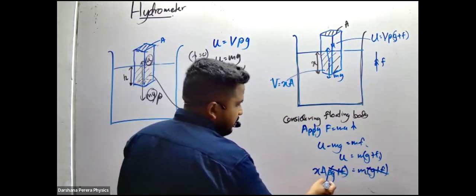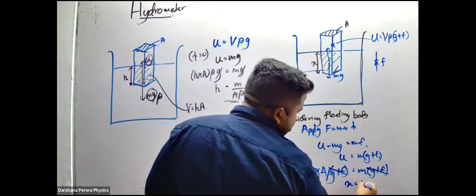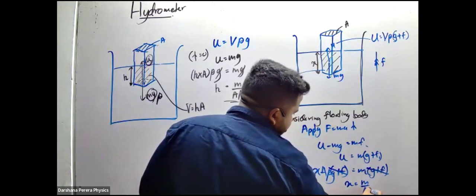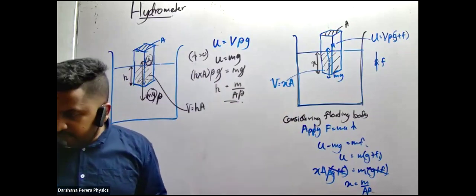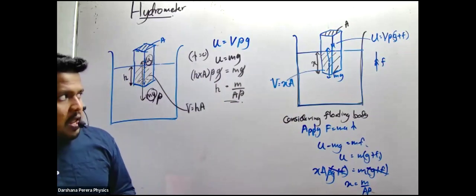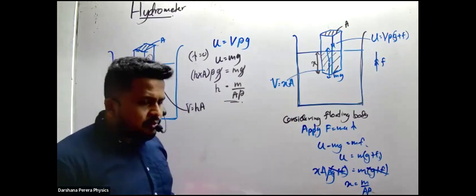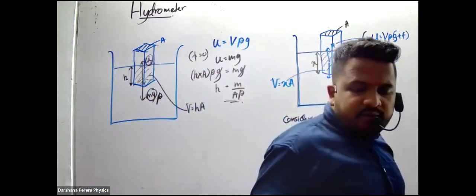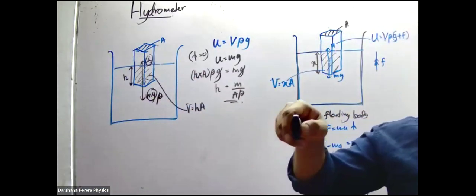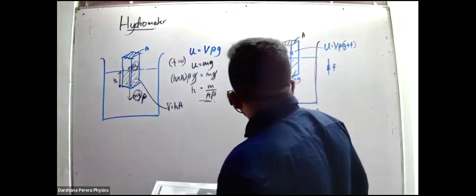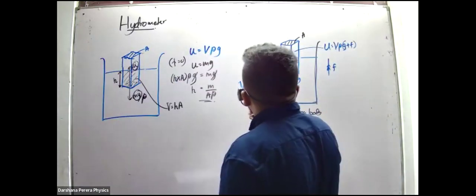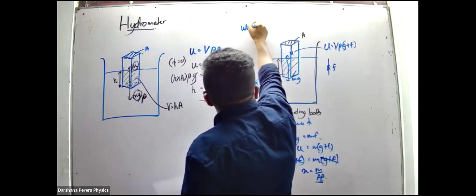Therefore, this gives x equals m over A rho. It's the same result as previous, because there is no floating height difference when it travels with different cases.